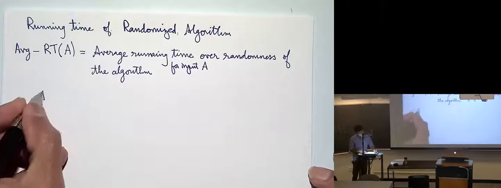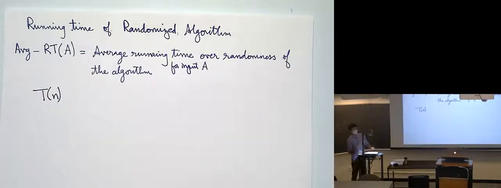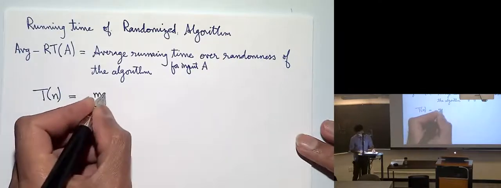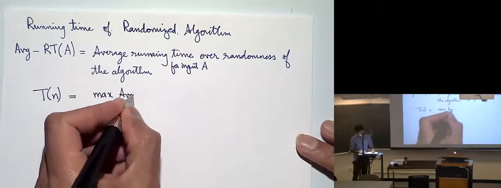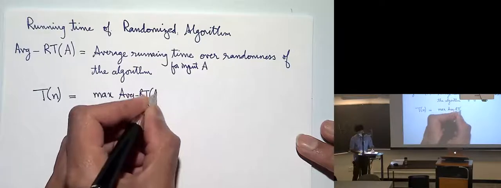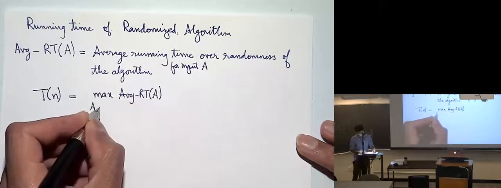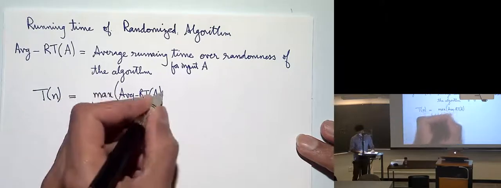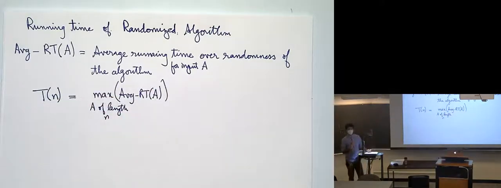What is T of n? This is like the worst case runtime. It is basically the maximum average runtime of A for all A of length n, which is your usual notion of worst case runtime.